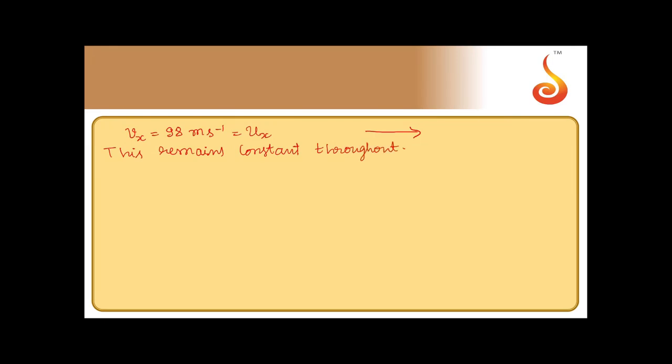And when this plane releases the object, the vertical velocity of the object initially is equal to 0. So v naught y is equal to 0.